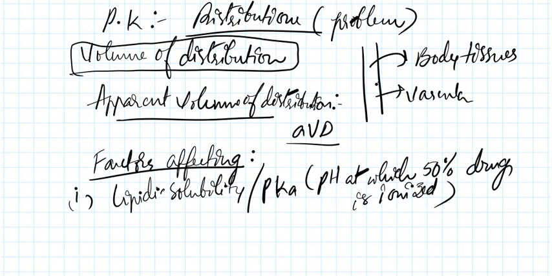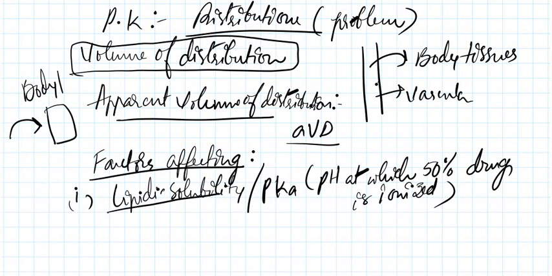So for example, if the drug is more lipid soluble, it can easily enter the cells, meaning it can easily be transported into the body tissues. That means it has high volume of distribution. So high lipid solubility determines high volume of distribution.